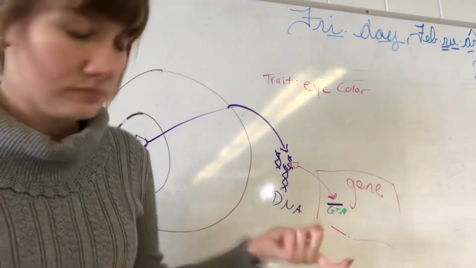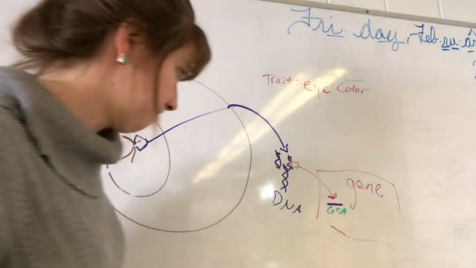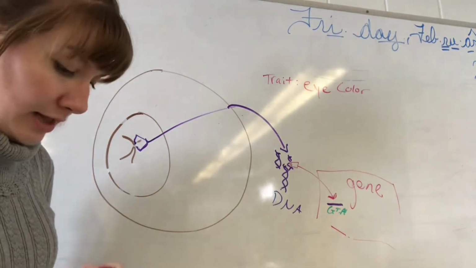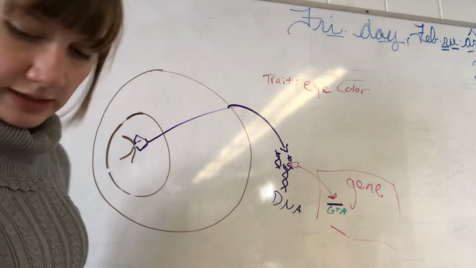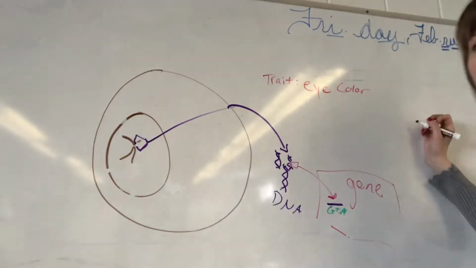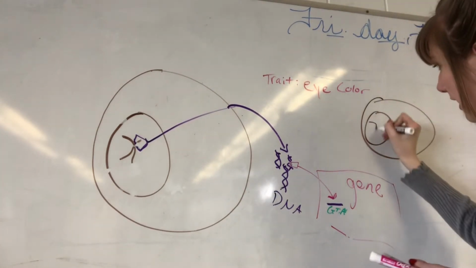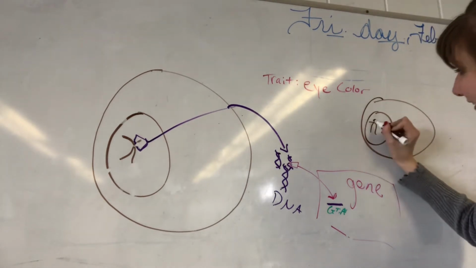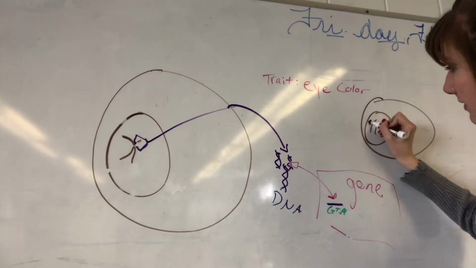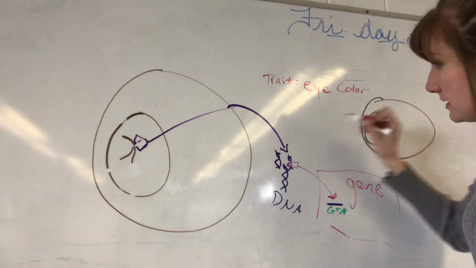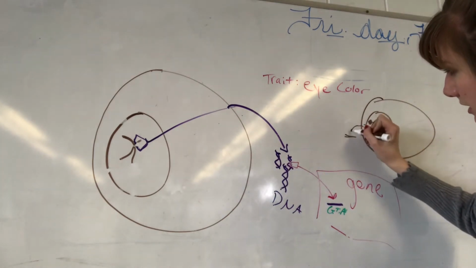Okay, so that's genes. Now, like I said, everything has different genes. So we have the cell here with the nucleus and everything. Let's say we have another cell, and inside that cell there's the nucleus, the chromosome, the DNA, and inside the DNA there's the gene. This cell mixes with this cell, and this cell has its own gene.